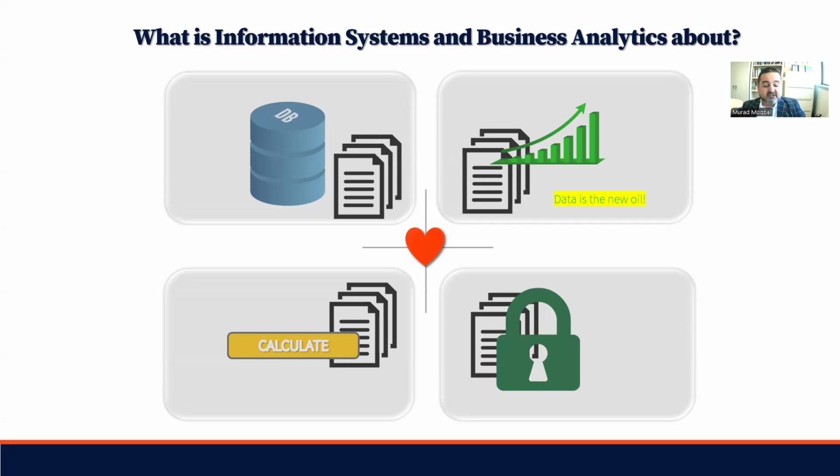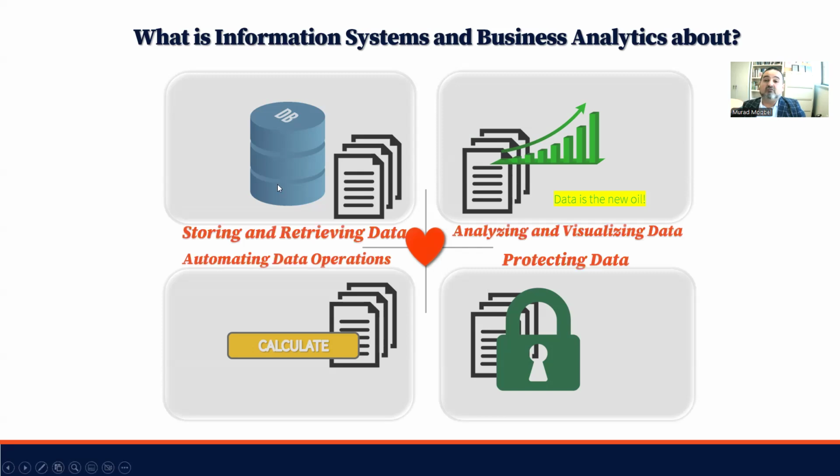First one is storing and retrieving data. When you go to Walmart or HEB, HEB collects data about you, about the products that you buy when you scan your products. That data is saved in a database management system such as DB2 or MySQL or SQL Server of Microsoft or Azure, just to name a few of those relational database systems. They have different tables.